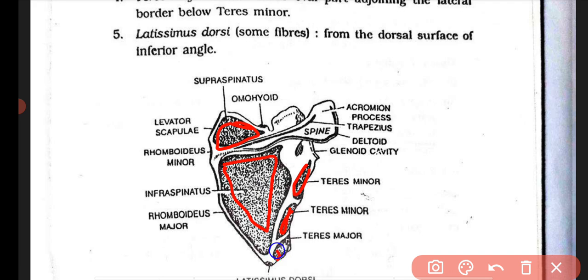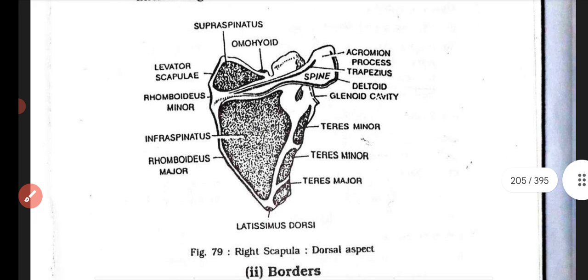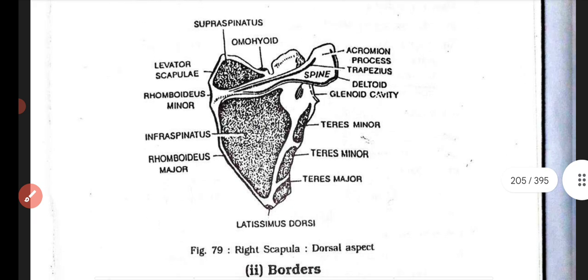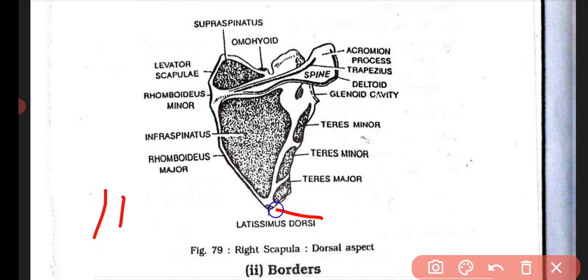Here near the inferior angle, the latissimus dorsi.